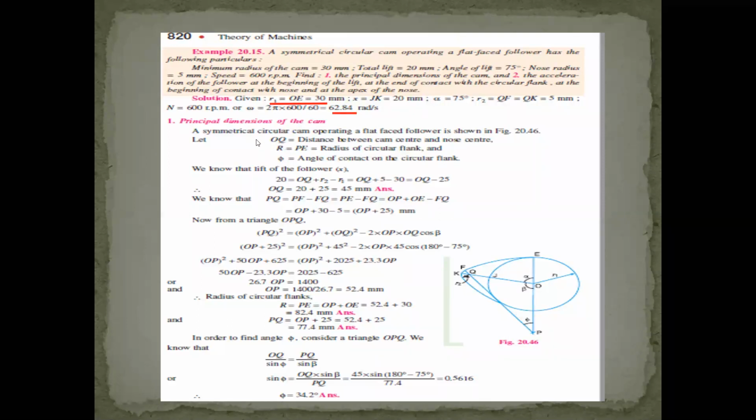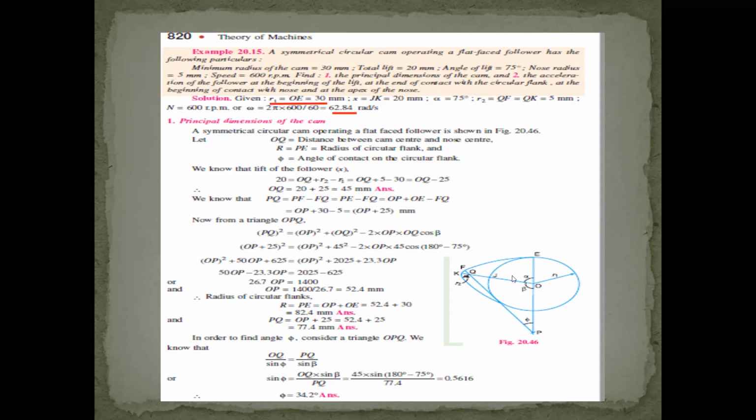So for a symmetrical circular cam operating a flat faced follower as shown in the figure, let OQ equal the distance between the cam center and the nose center. Actually, we don't know that gap OQ right now.